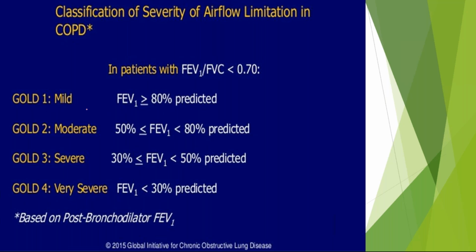In moderate, it will be between 50 and 80. In severe, FEV1 will be between 30 and 50, whereas in very severe, FEV1 will be less than 30% predicted. This is a very important classification to categorize the patient on the basis of severity of airflow limitation on spirometry after post-bronchodilator.